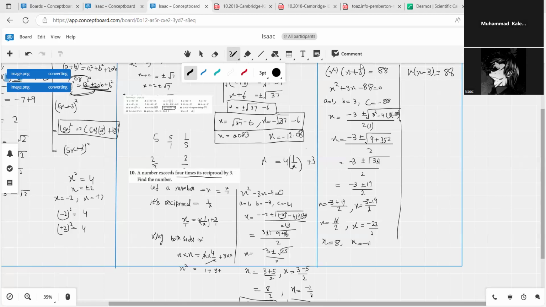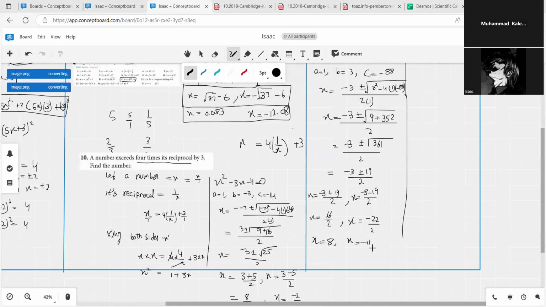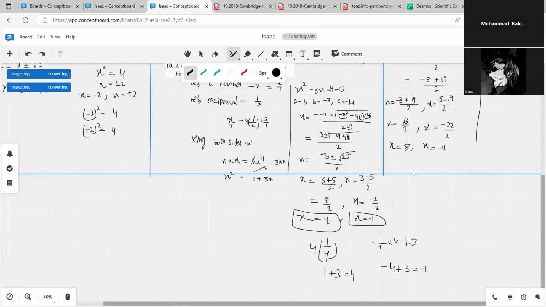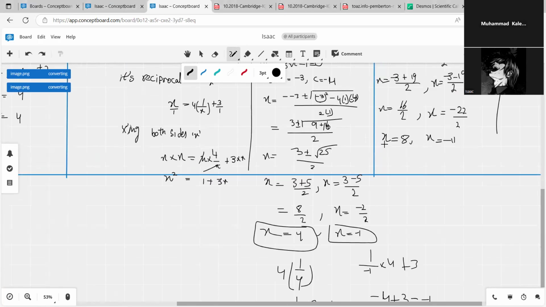What's the answer? I got 8 and minus 22 over 2, which I think is minus 11. Yes, these are the two numbers. If the first number is 8, then x plus 3 is equal to 11. 8 and 11 is one pair of numbers. Or, taking x as negative 11, if we add 3, it will be negative 8.